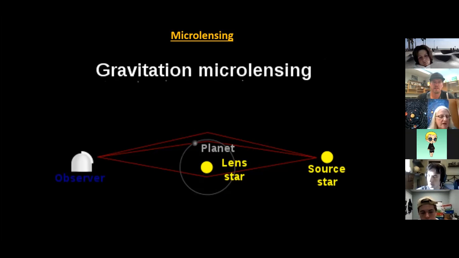So there'll be a lot more chance alignments like this. The notable disadvantage of this method, which really makes it push the edges of science, is that it cannot be repeated. Because of course, we're moving, this star and planet are moving, and the source star is moving too. So it's not a repeatable observation, which is unfortunate.